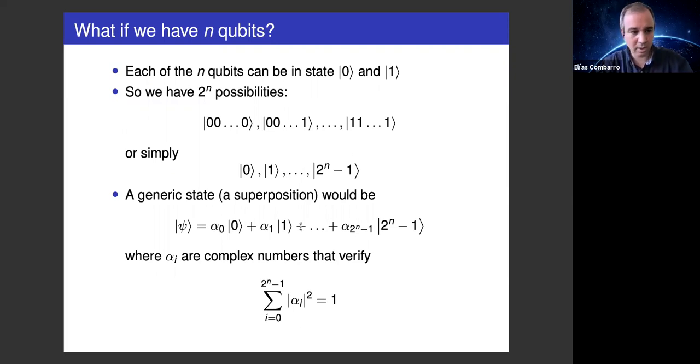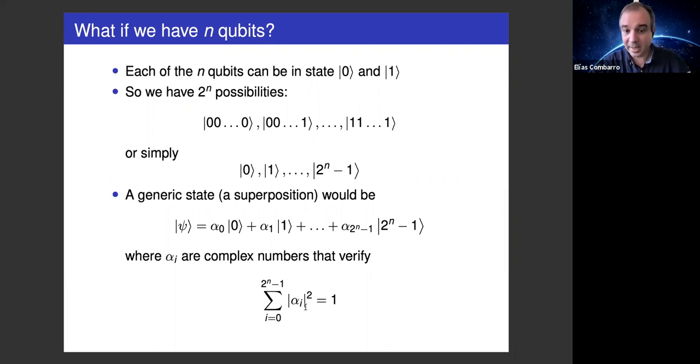And as we will mention afterwards, this is one of the most appealing things about quantum computing, that you can work naturally with an exponential number of states with just n qubits in your system.